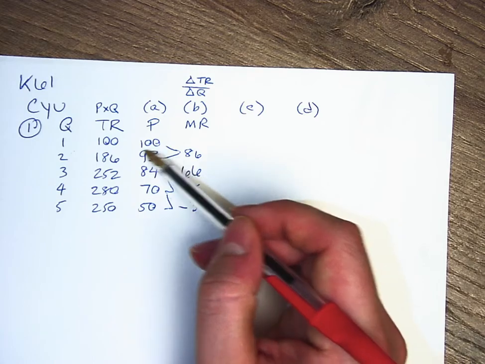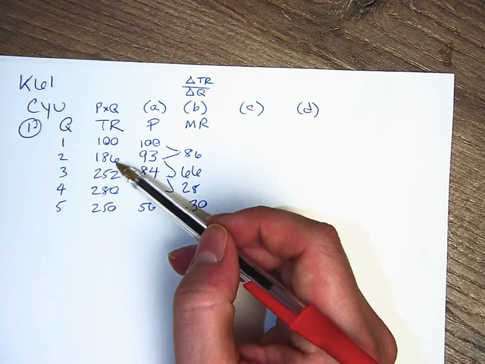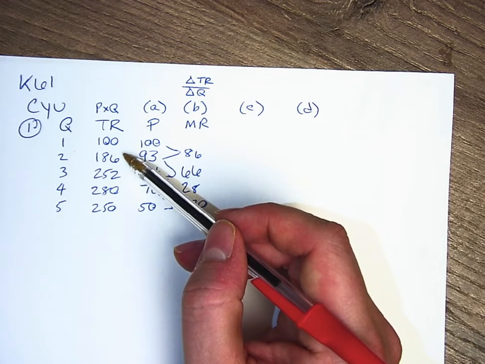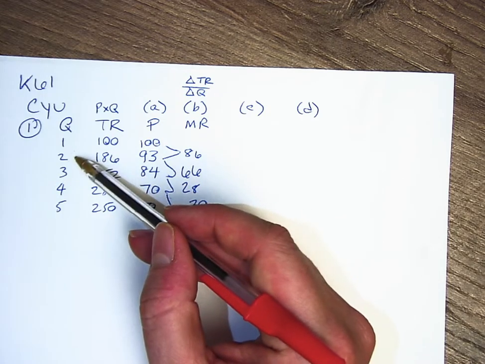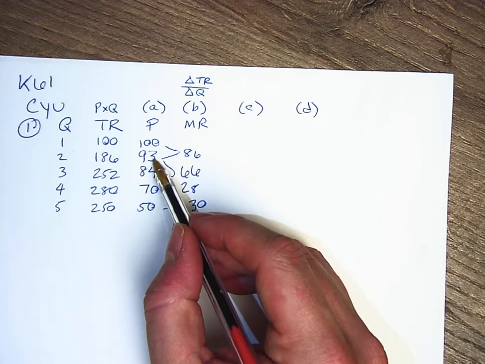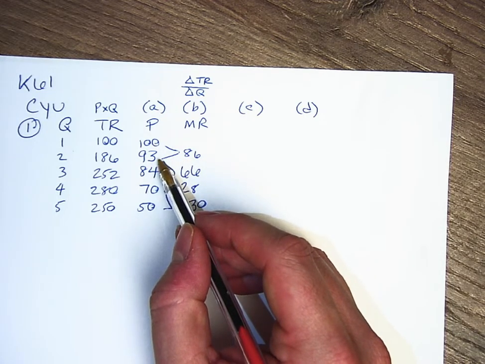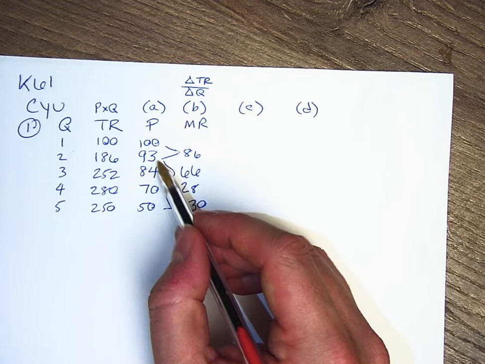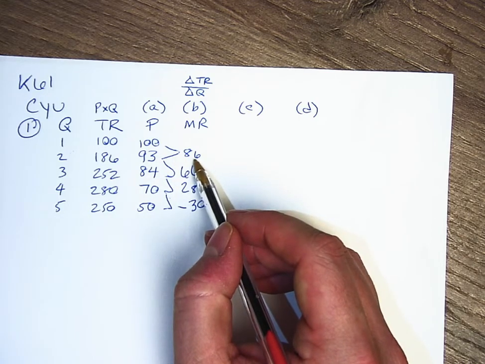They're gaining the 93 from selling the second unit for $93. So the 93 is what they gain in the quantity effect. They lose the 7, so 93 minus 7 is 86.